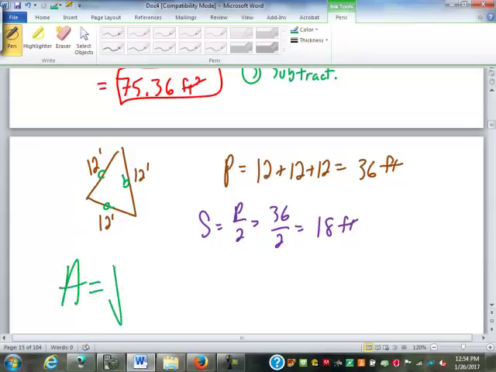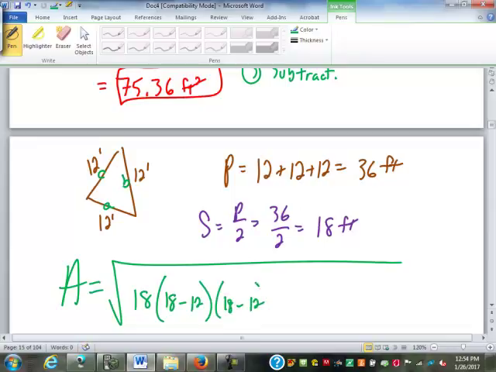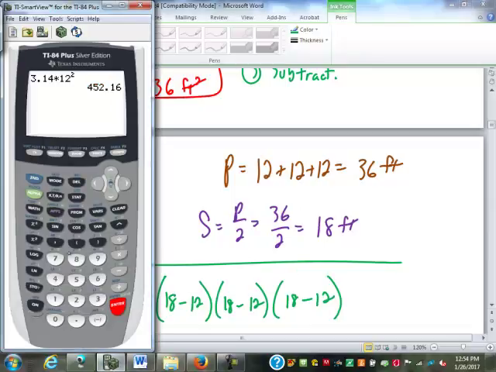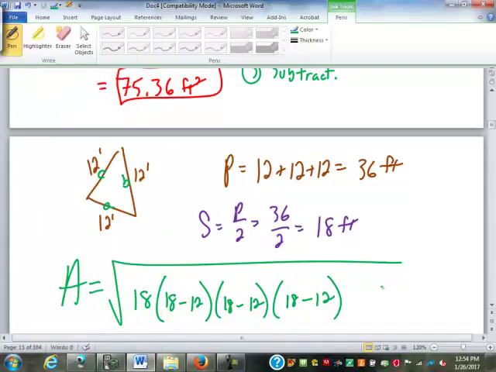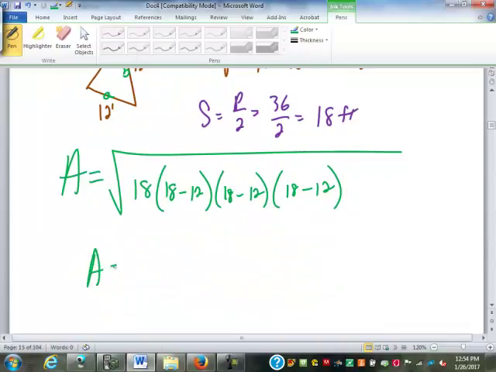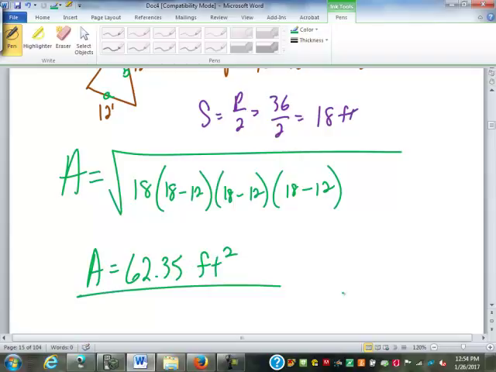The area is the square root of the semi-perimeter, 18, times the semi-perimeter minus side A, times the semi-perimeter minus side B, times the semi-perimeter minus side C. 62.35 is the area of that triangle. Those lengths were in feet, so that is feet squared.